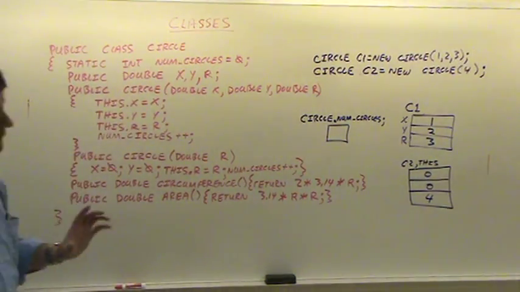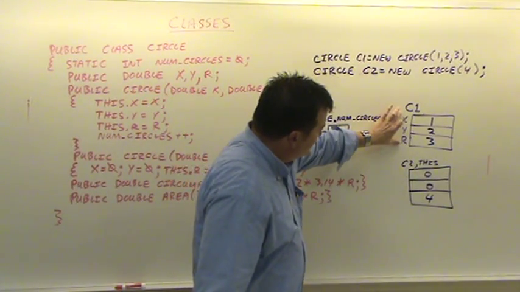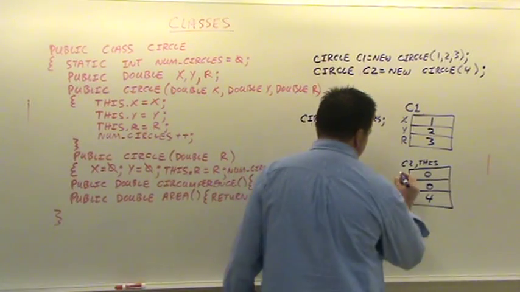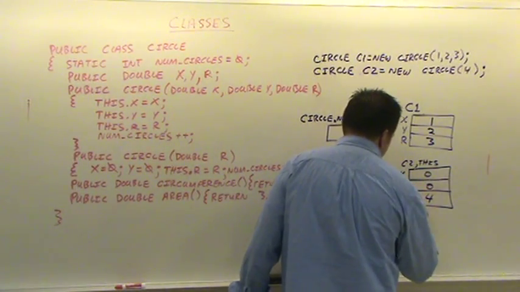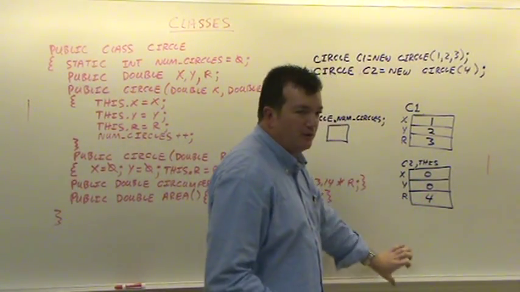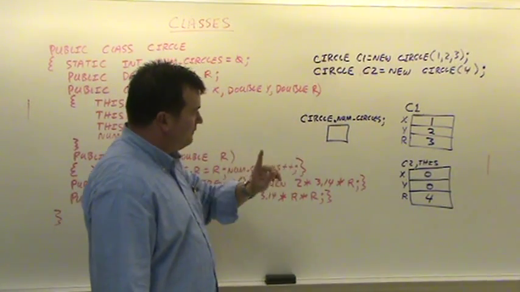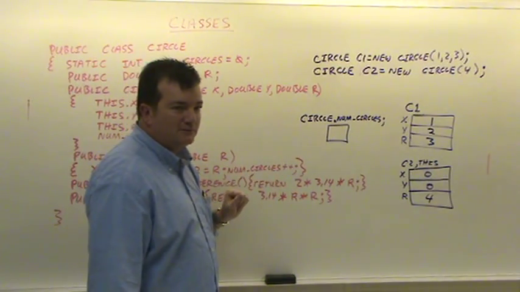There's not one, like, this circle has an X, a Y, and an R. This circle has an X, a Y, and an R. Every circle is going to have its own X, Y, and R. But the entire class will only have one variable called number of circles.